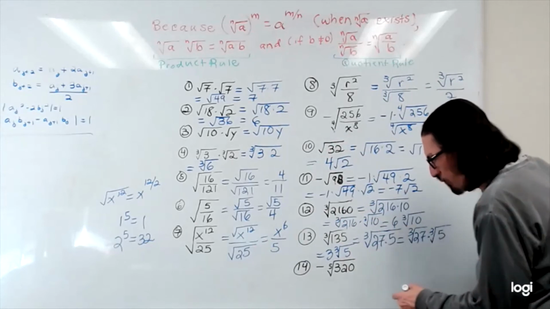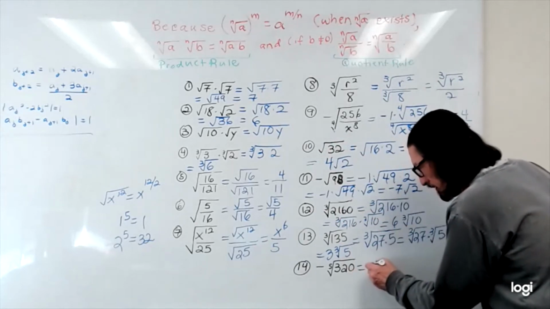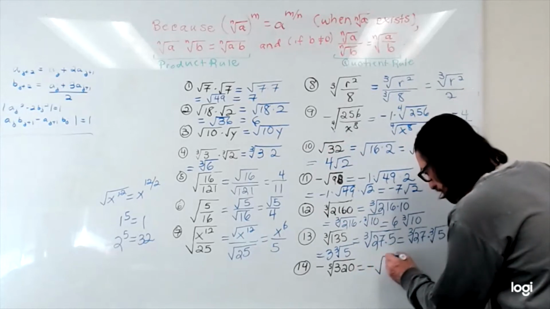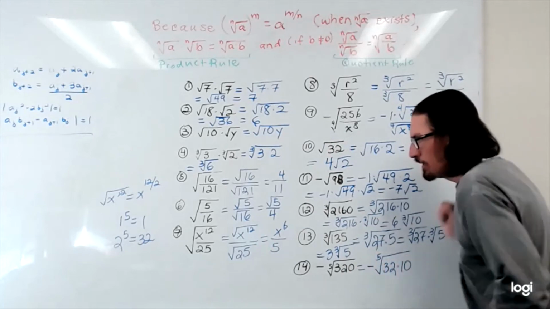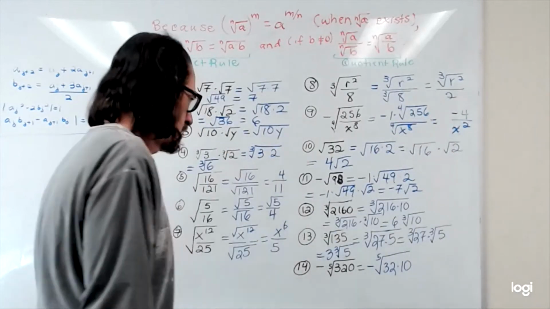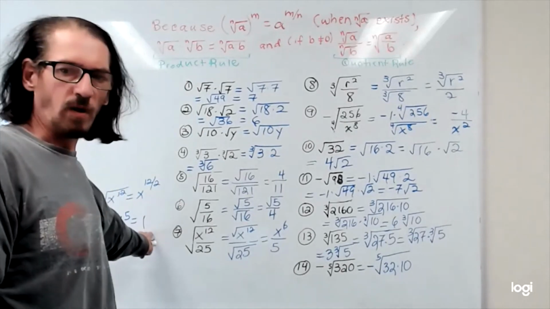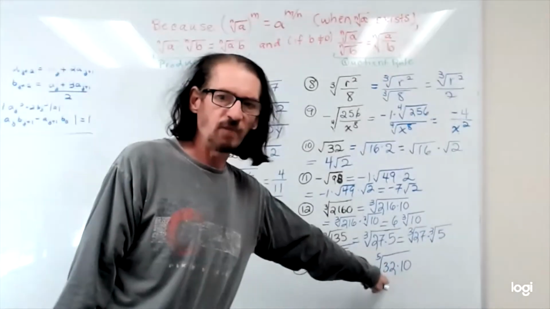Finally, on this last one, that 0 at the end, maybe we could look at 32 times 10. You may not know any perfect fifths, but 1 to the 5th is 1. 2 to the 5th is 32, so that's going to take care of that factor.